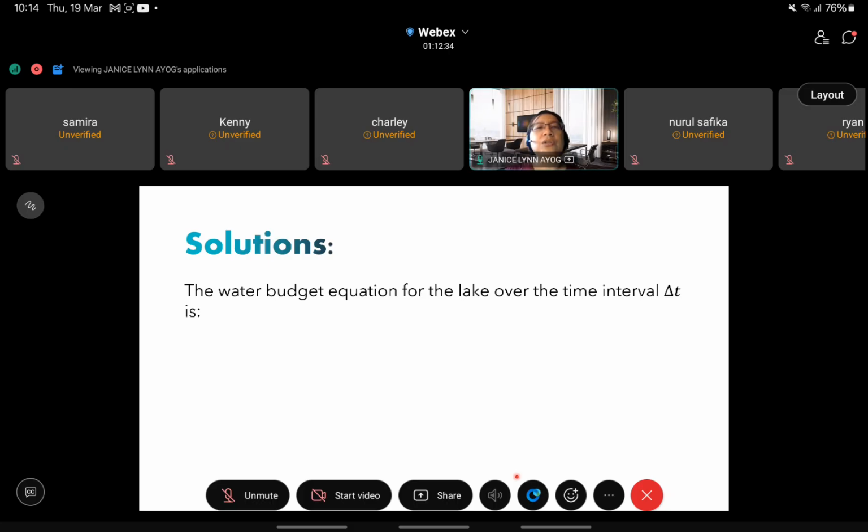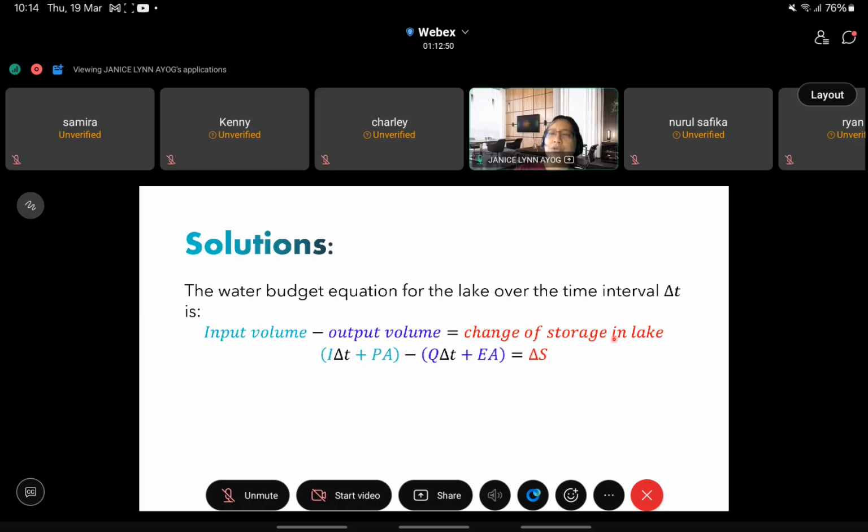Now, the solution is given by this. We have the main formula, the earlier formula for the water budget, which is input volume minus output volume equals the change of storage in the lake. If we use the last water budget equation that I've shown, it will be something like this. There's the inflow, the precipitation, the outflow, and also the evaporation.